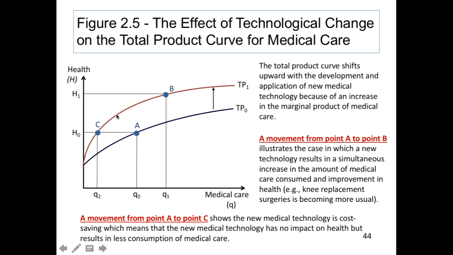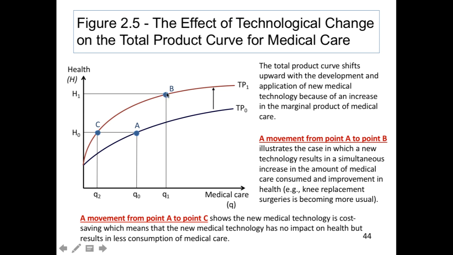One is movement along the curve, from C to B, which depends on the amount of medical care we are consuming. So it's movement along the curve, assuming all else being equal. Ceteris paribus means that all the other factors are constant. Even technology is constant in this curve.